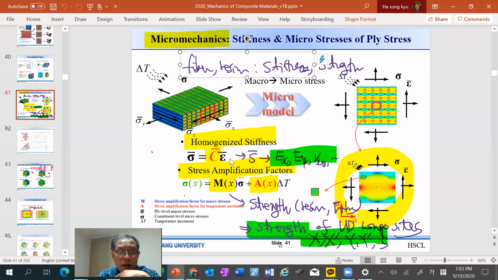Once we have a C bar, we can invert it to get S bar. It's a compliance.